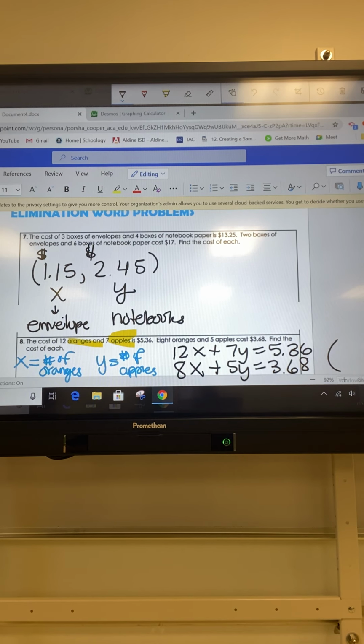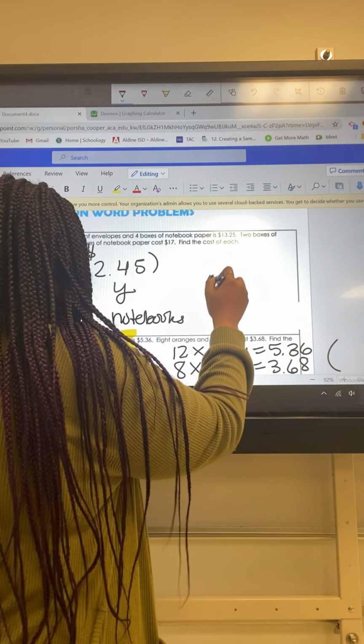All right, so if you plug those into your Desmos, then you should see where they meet. And so they should meet at 0.26 and 0.32. So I'm going to write over here.